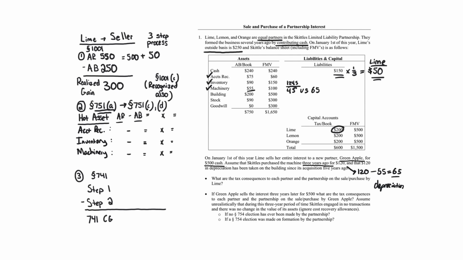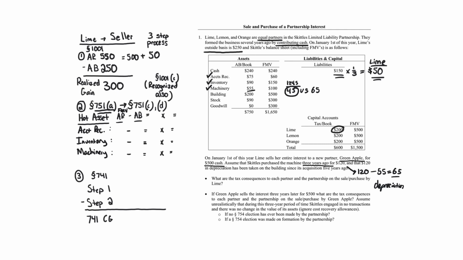We pick the lesser of those two numbers, and the 45 is the lesser, which is the entire gain. So in order to determine the portion of hot assets for Lime, we take each asset, and we take the fair market value, which we're going to assume hypothetically, hey, the partnership is going to deem sell this asset at this time using fair market value.